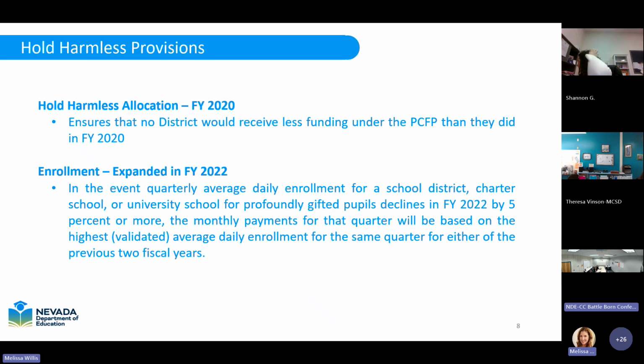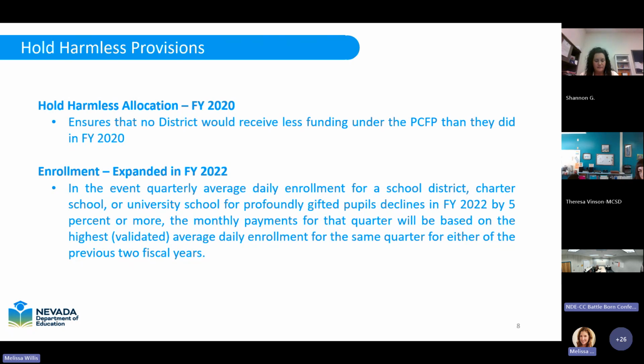Hold harmless provisions. The video did talk about two, again, pretty quickly, and I wanted to spend a little bit more time on that. The initial hold harmless provision for the allocation of the PCFP was put into place with the plan in fiscal year 2020.